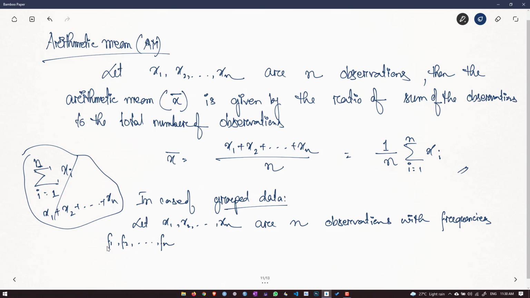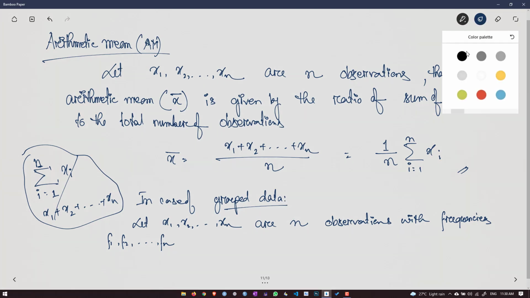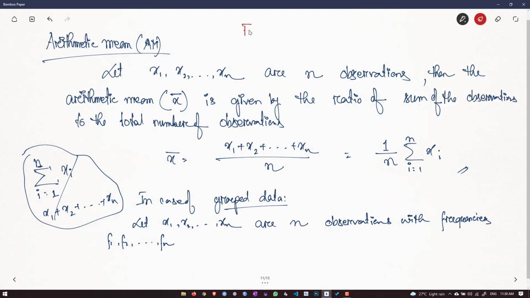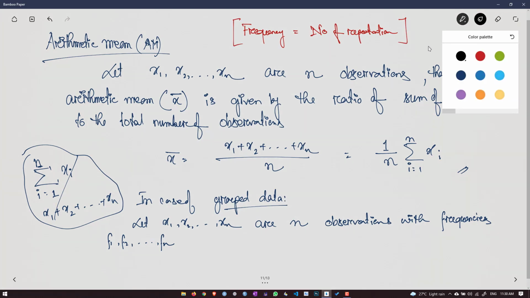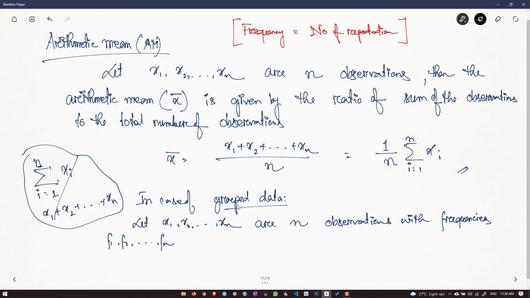Now what is frequency? Frequency is nothing but how many times x1 is repeated, or the number of repetitions. So in case of grouped data, let x1, x2, xn be n observations with frequencies f1, f2, fn.